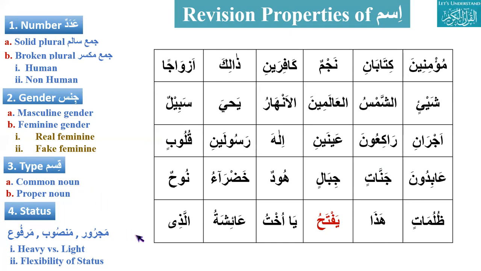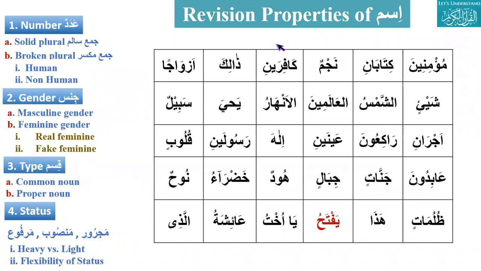Okay, what about status? The status is una. Una is considered marfu. What will be the mansub for raki'una? Raki'in. What is majroor? Raki'in. The same. Okay, thank you very much.